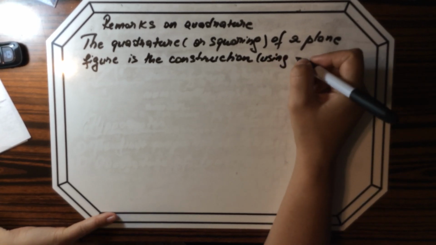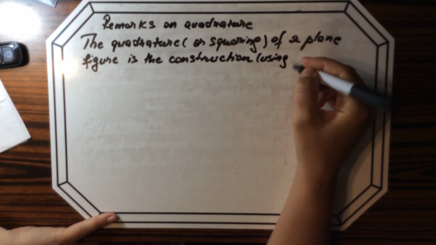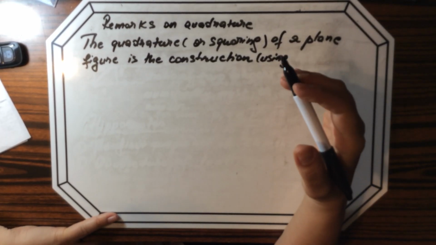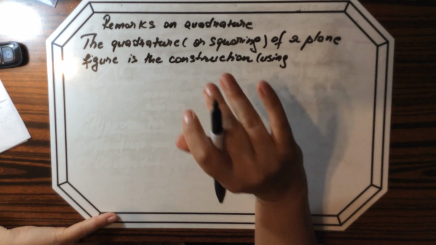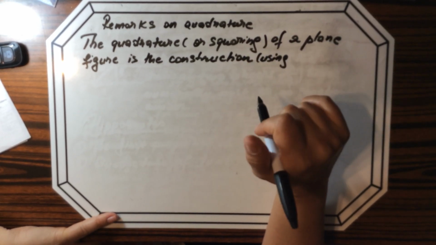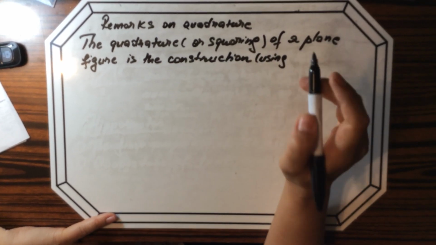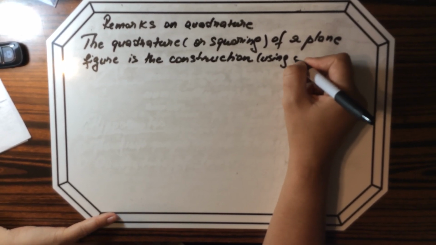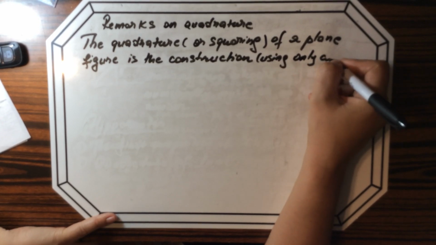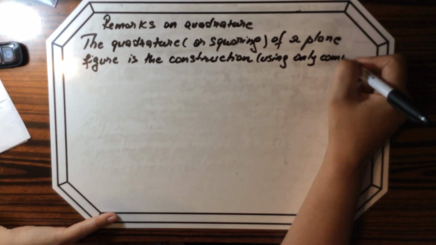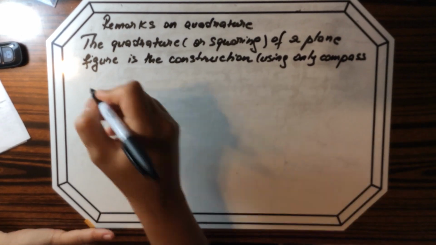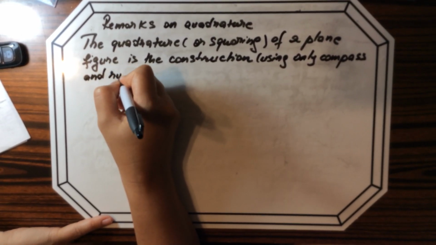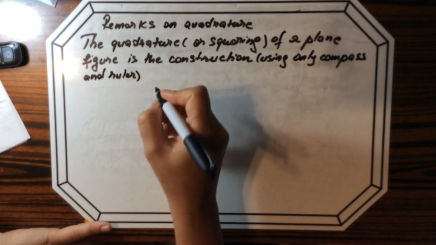and that's important, at least for the next few chapters. Whenever we say constructing a plane figure, I mean only using compass and a ruler with no markings in it. Okay.